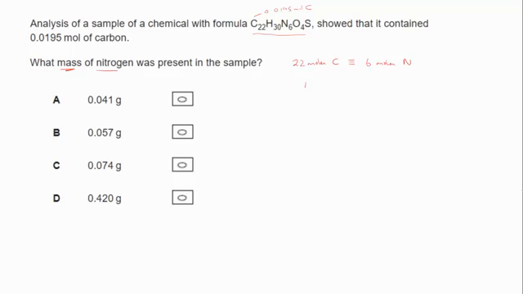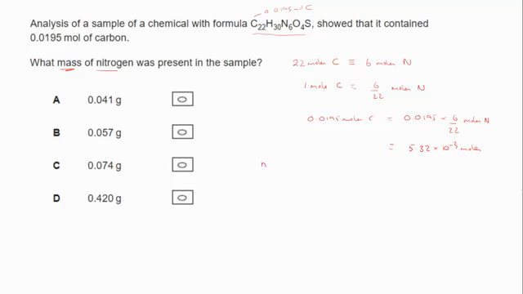So by ratio, 1 mole of carbon is going to be 6 over 22 moles of nitrogen. So if I've got 0.0195 moles of carbon, I'm going to have 0.0195 times 6 over 22 moles of nitrogen. And if I stick that into my calculator, I get 5.32 times 10 to the minus 3 moles.